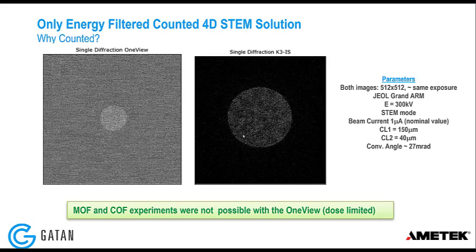So again, if you have samples such as MOFs and COFs that are very, very beam sensitive, you are going to need a high DQE, high sensitivity, high signal to noise ratio counting detector to do your 4D STEM experiments, because you need to reduce your beam current to protect the sample, but at the same time, you need to be able to collect enough signal in your diffraction patterns to be able to do the analysis.